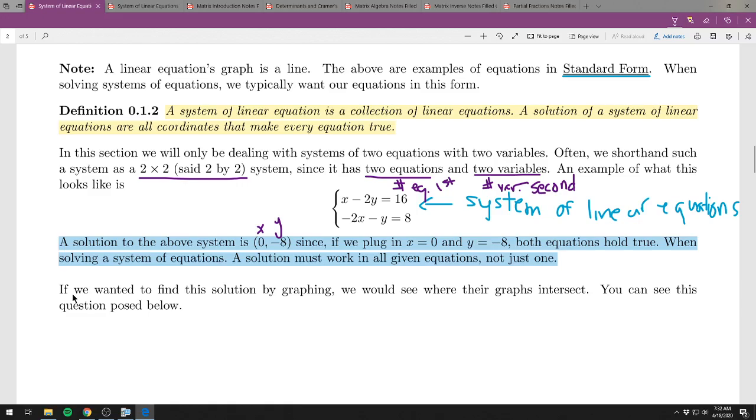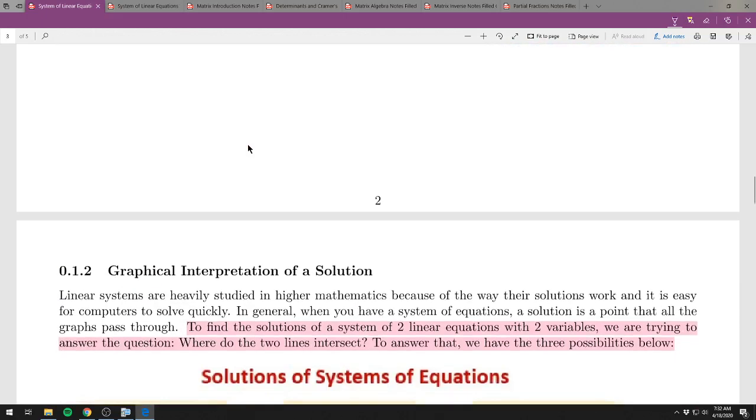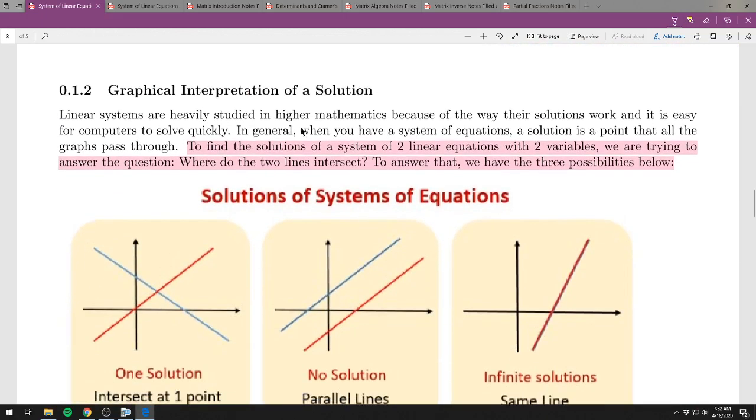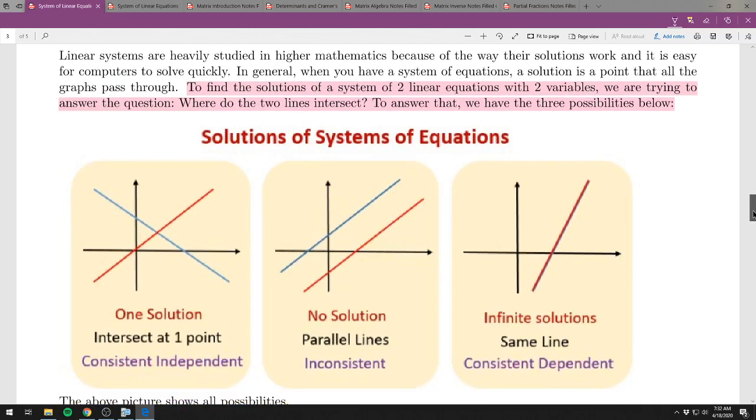There are 3 kinds of solution types, you could say, to a system of 2 by 2 linear equations. I'm going to scroll down and go to that. All right, so a graphical interpretation of a solution. Trying to get it all on the same page.